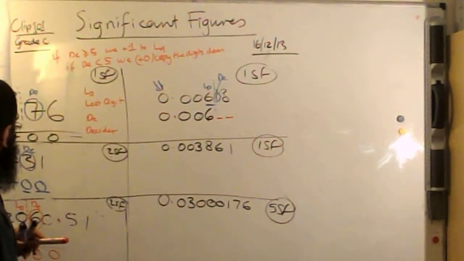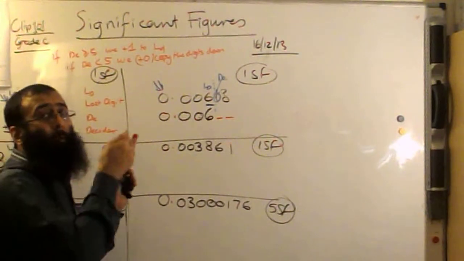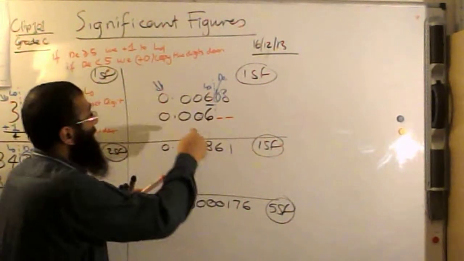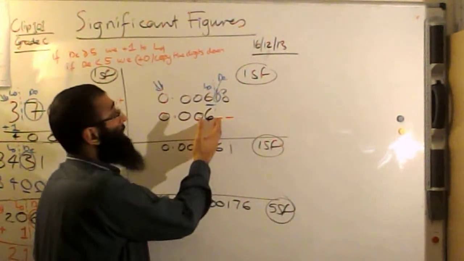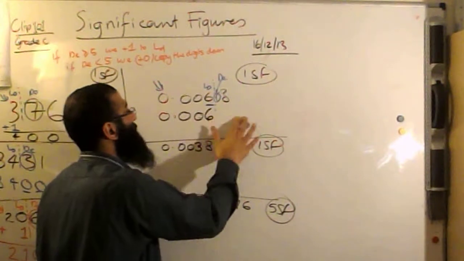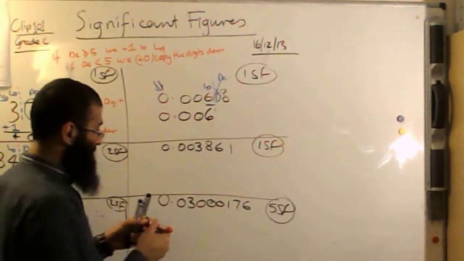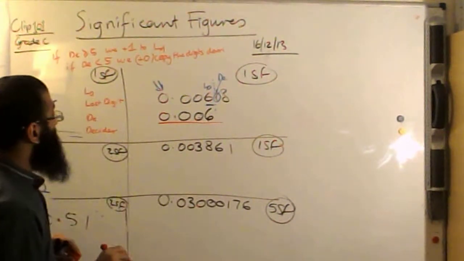In the previous questions, when the number finished before the decimal point, we filled up the zeros up to the decimal point. But here we are already on the other side of the decimal point, so the last digit actually is the last digit, and those two gaps don't come into the answer. That gives you 0.006.